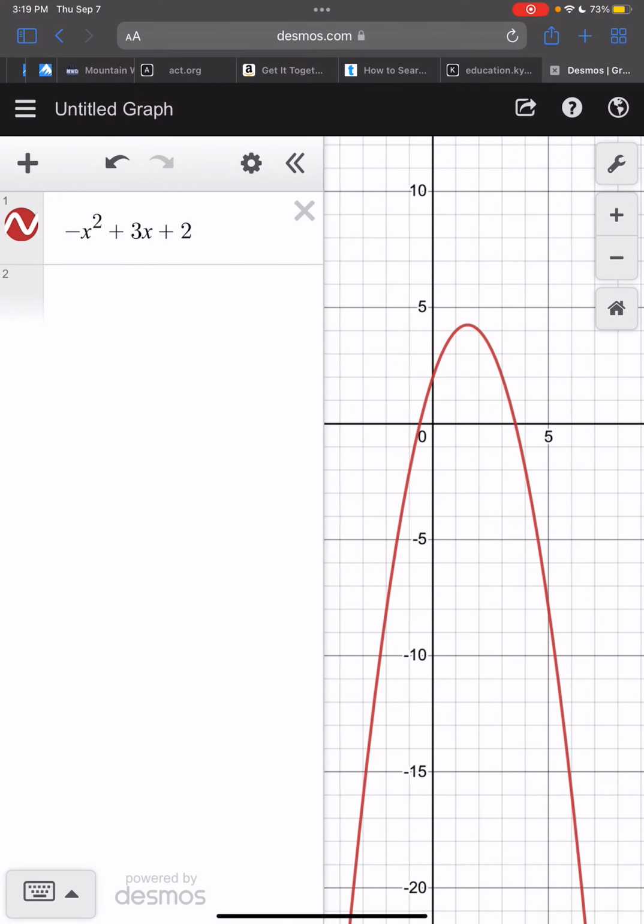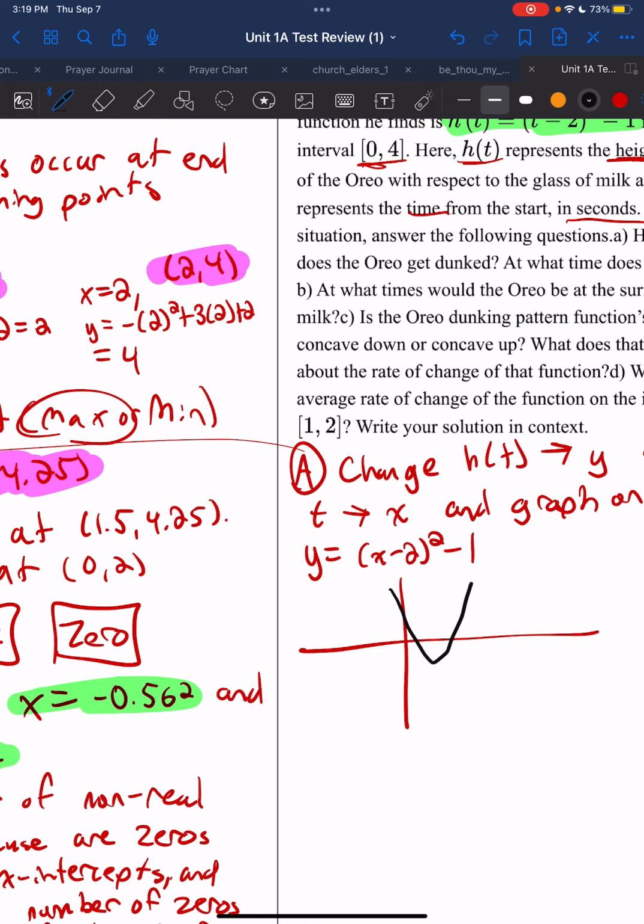Is that my function? Yes, it is. So your function looks something like this right here.